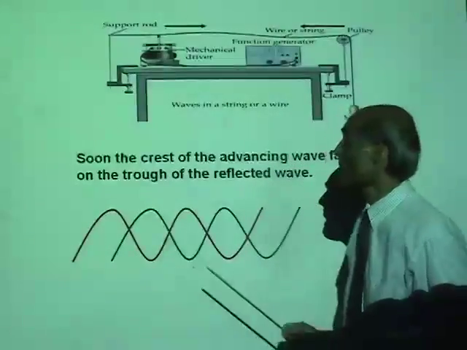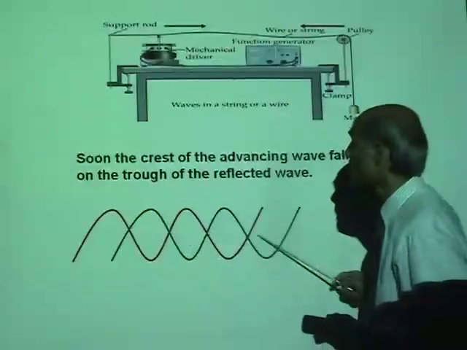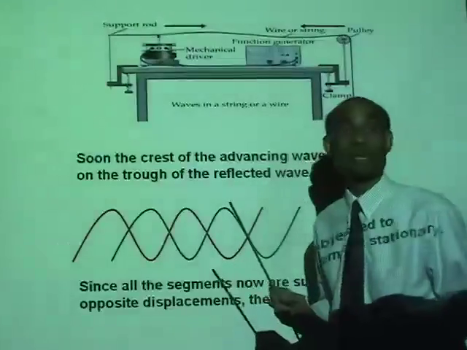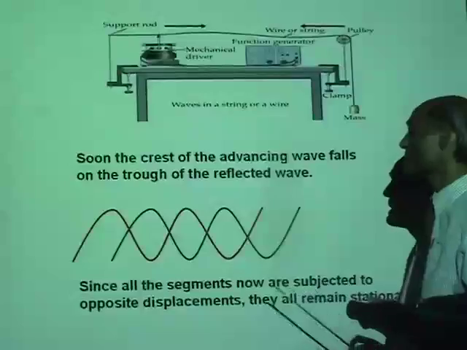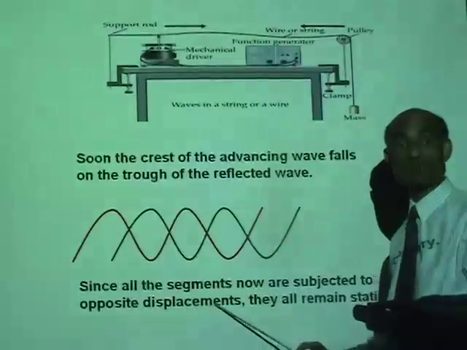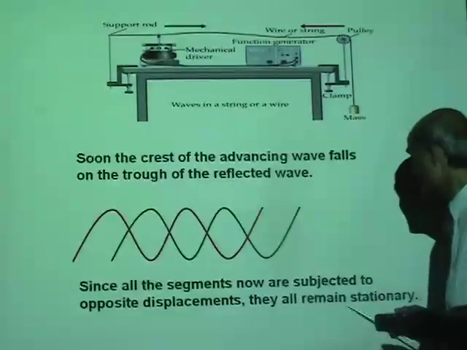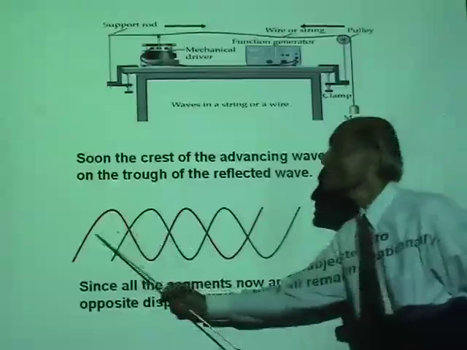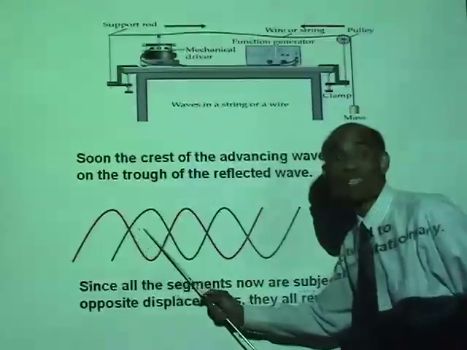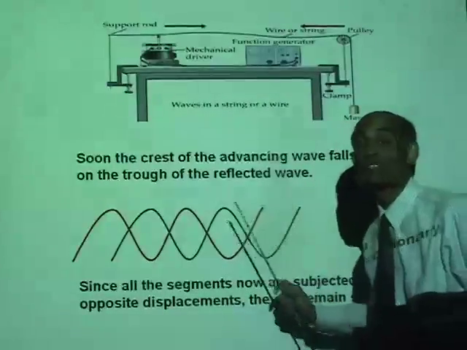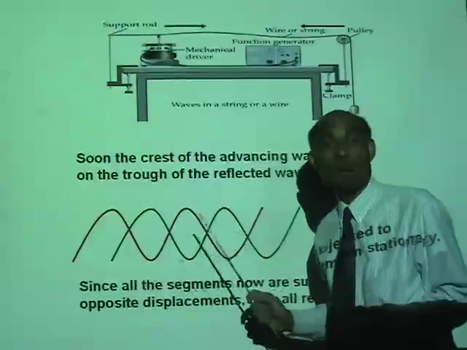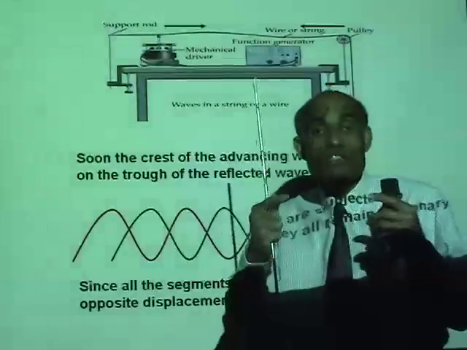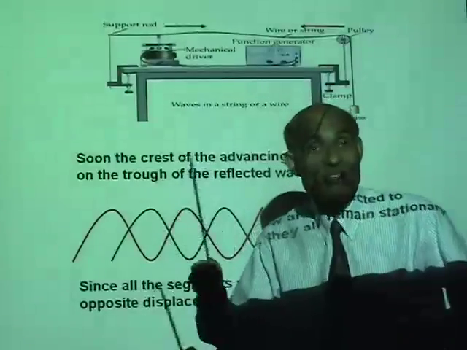That means the particles all over here will have no displacements. Since all the segments now are subjected to opposite displacements, they will remain stationary. That means none of the segments will have any displacements when the situation is like this. But this again will stay only for a fraction of a second.